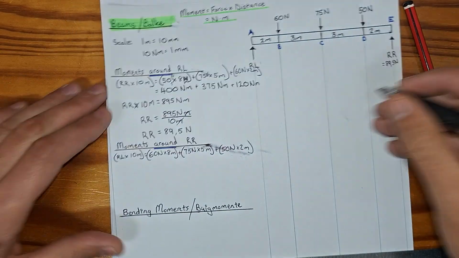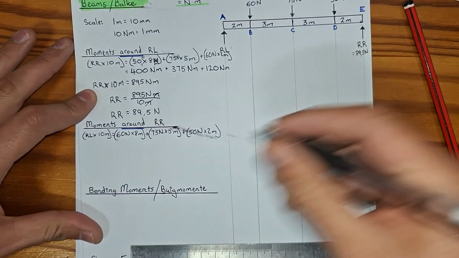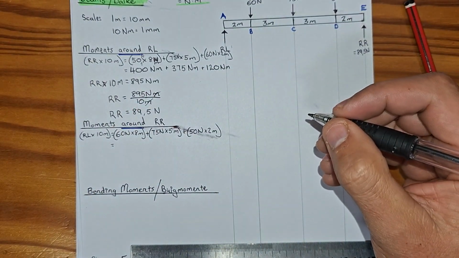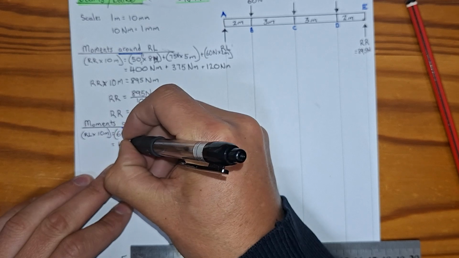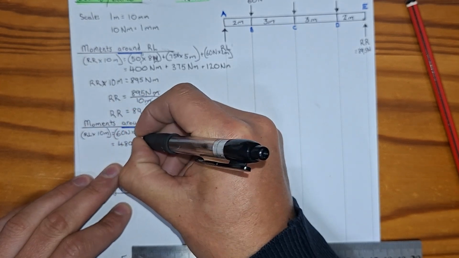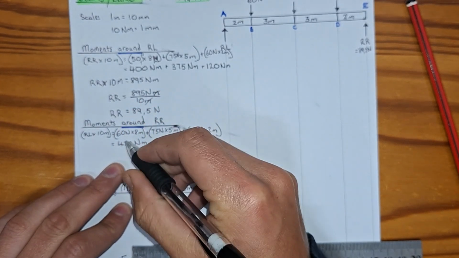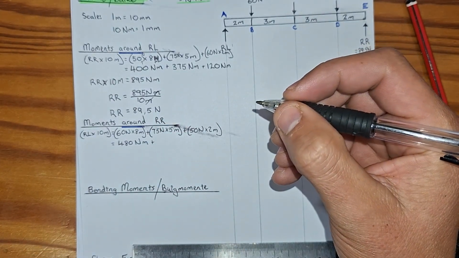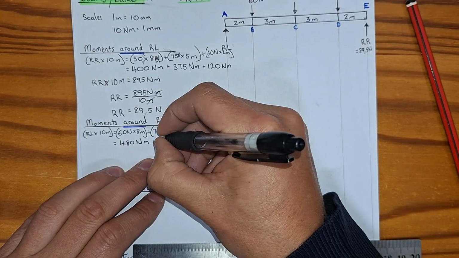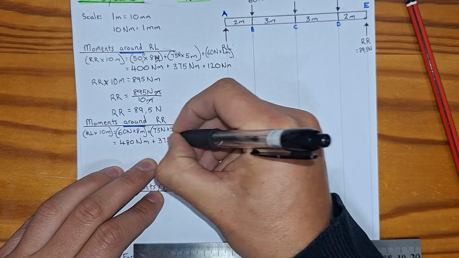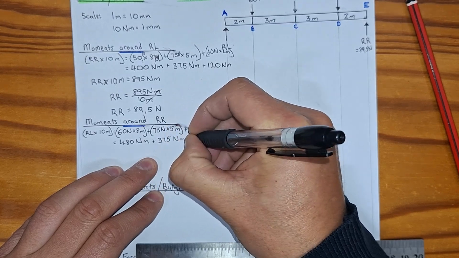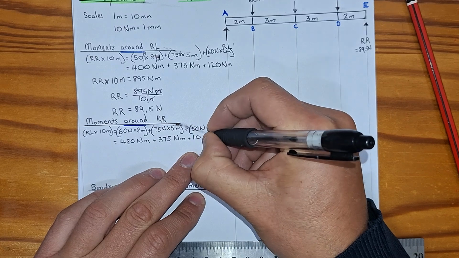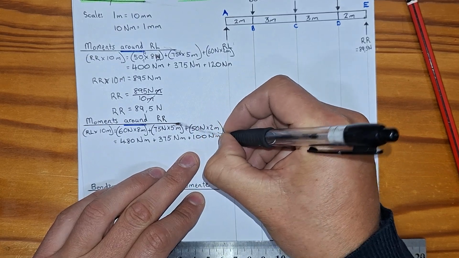Okay, now we have to get rid of the brackets. So 60 times 8 equals 480. The units will be Newton meters because we multiplied newtons with meters. Plus 75 times 5 equals 375, plus 50 times 2 equals 100 Newton meters.